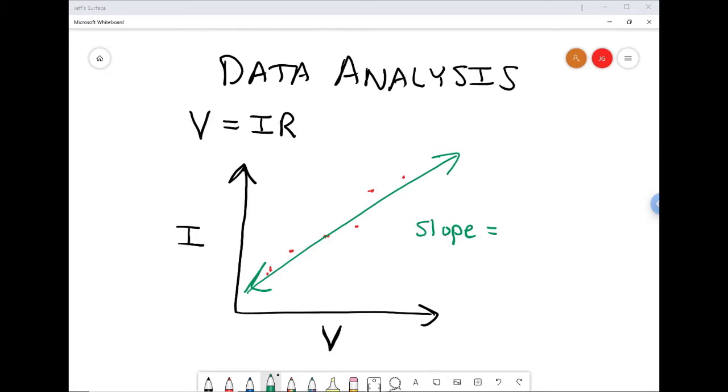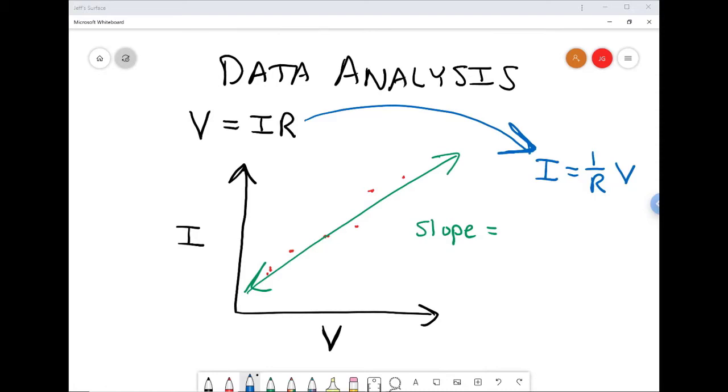Can you figure it out? Do you see the relationship? Well, to see this more clearly, let's take Ohm's law and rearrange it. Just solve for I. I equals 1 over R times V.